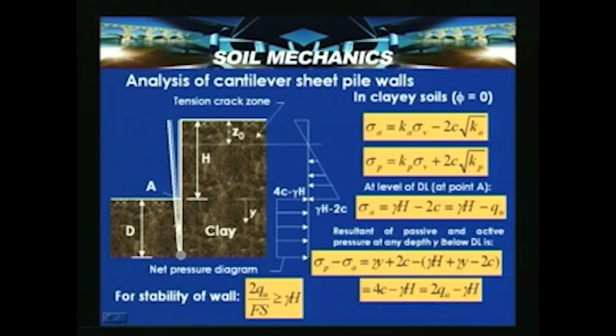The resultant of the passive and active pressure at any depth y below the dredge level is given by sigma P minus sigma A, which is gamma H plus 2C minus gamma H plus gamma y minus 2C.